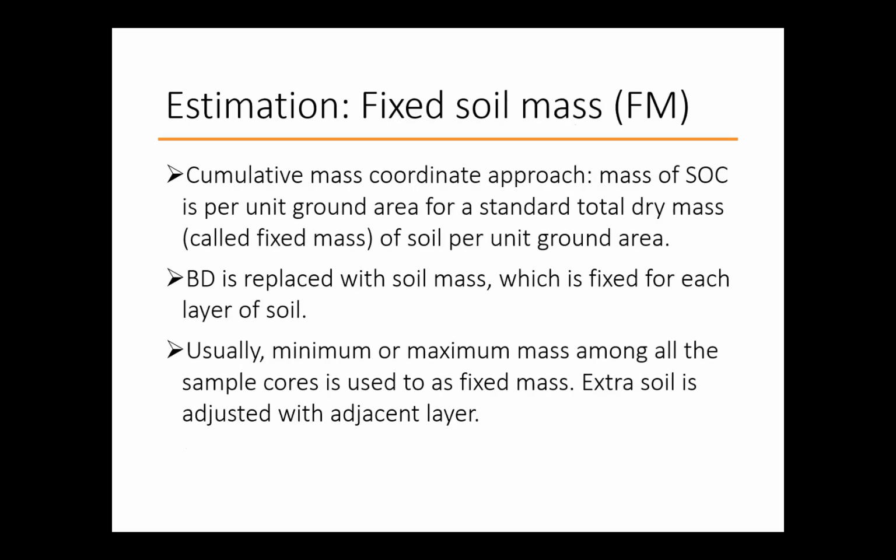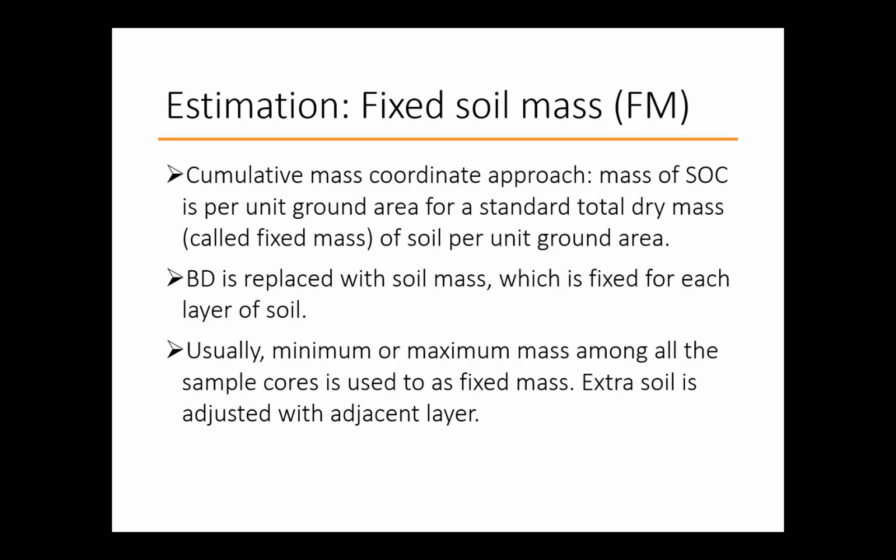And the next method to eliminate this issue with bulk density is called the cumulative mass coordinate approach. I call it fixed soil mass, or some people call it equivalent soil mass. I will refer to it as fixed mass, or FM, from here on. And in this one, bulk density is replaced with mass of soil.